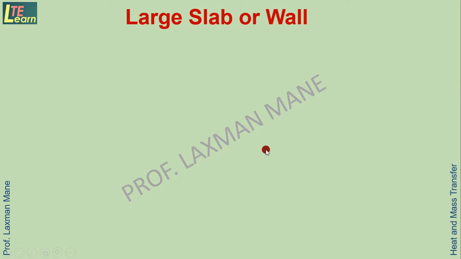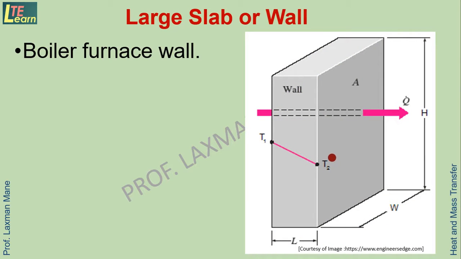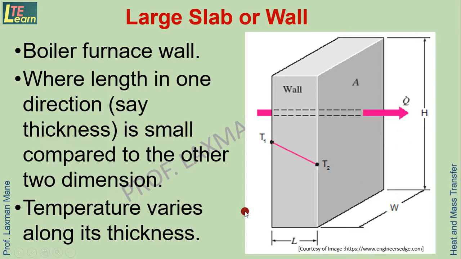Take a large slab or wall, as shown here, that is a furnace wall. Here the length in one direction, say thickness, is small compared to the other two dimensions, width and height.